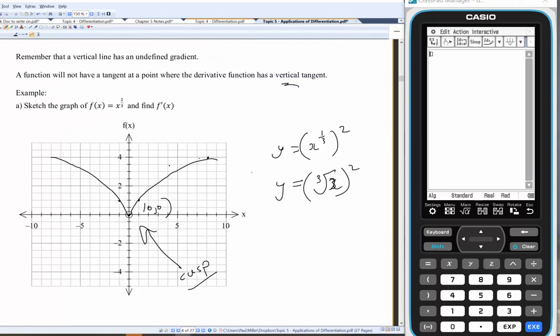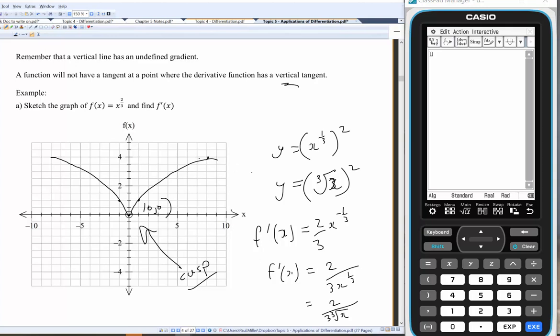Okay, so the gradient. Let's find f dash x equals 2 on 3 x to the 2/3 take away 3/3, which is -1/3. f dash x is equal to 2 over 3 x to the 1/3, or 2 over 3 third root of x.